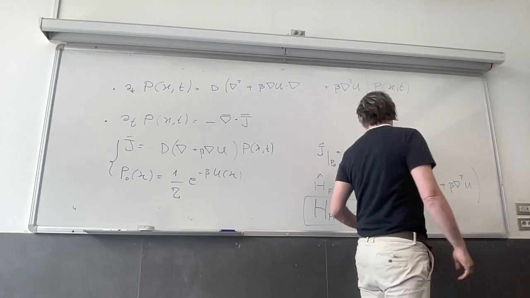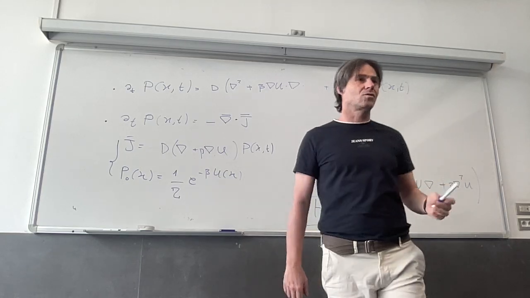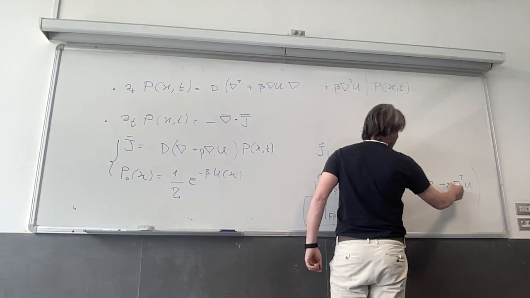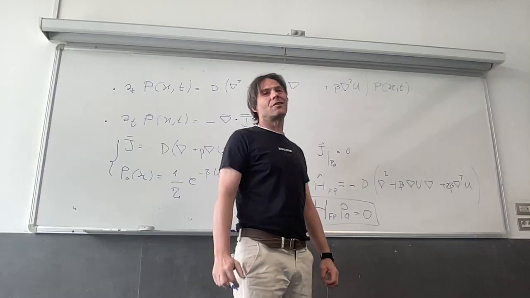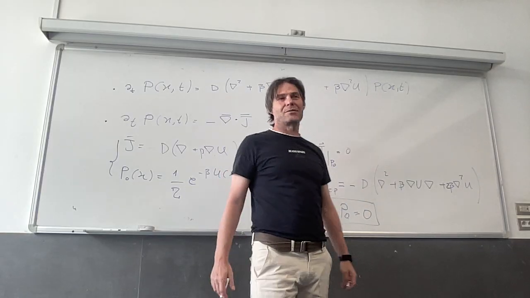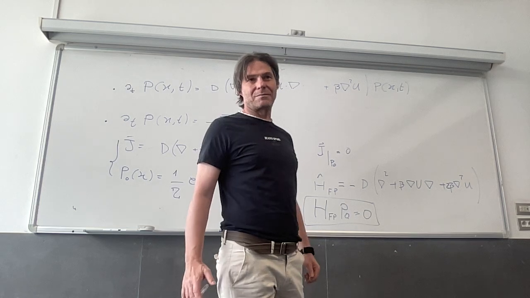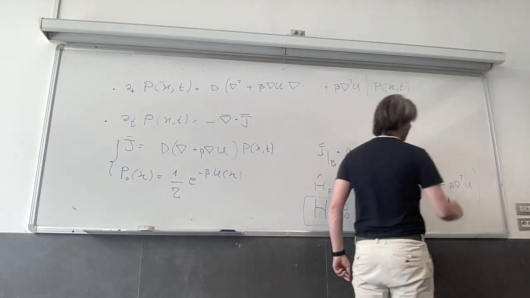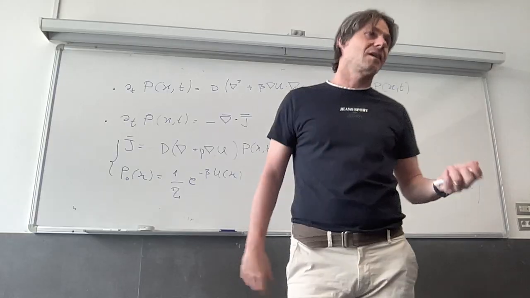we have that the Gibbs solution is a solution of the Fokker-Planck equation. If I had put, say, a 2 here with a wrong diffusion or a beta prime there that doesn't correspond to the real beta, this would not have had the Gibbs distribution as a stationary solution.